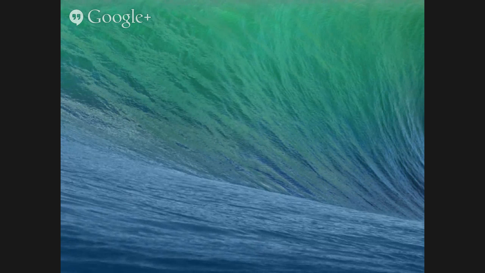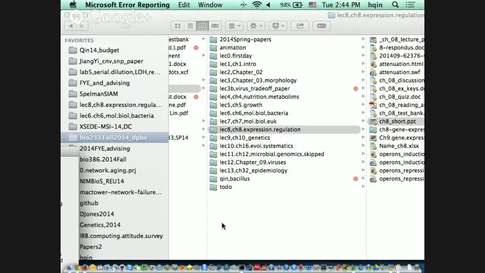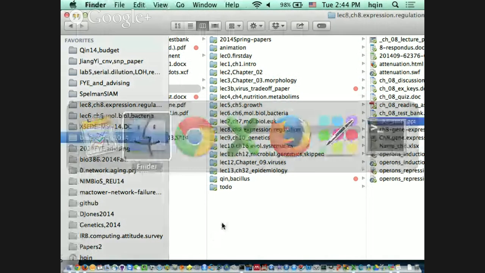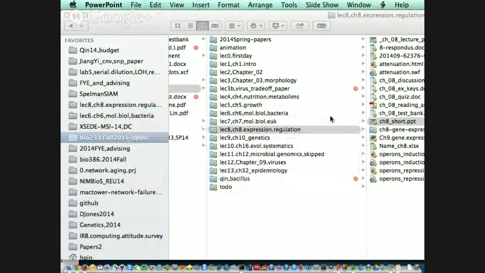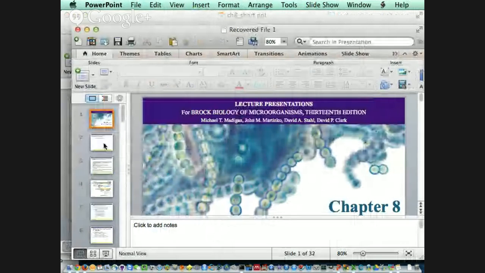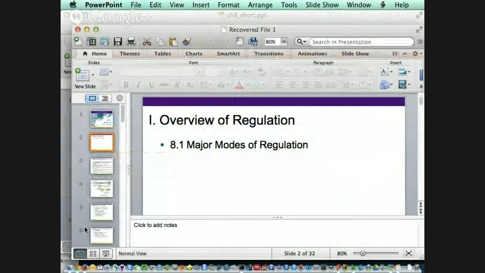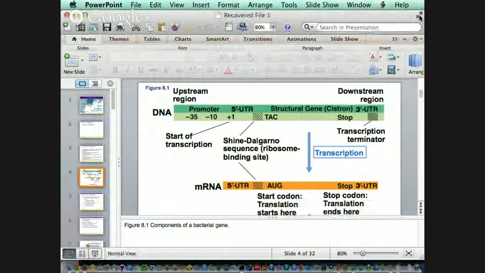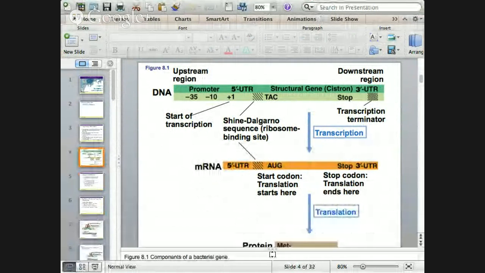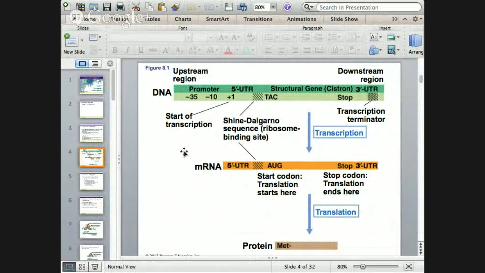This is strange. Wait a minute. I'm trying to give a slideshow, but somehow the computer crashed.